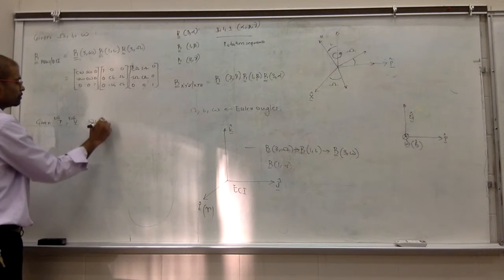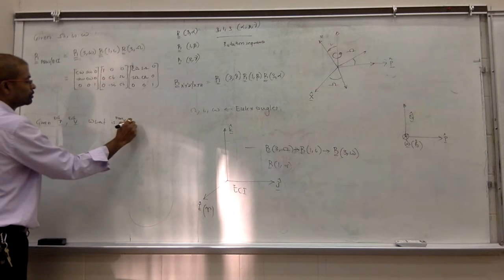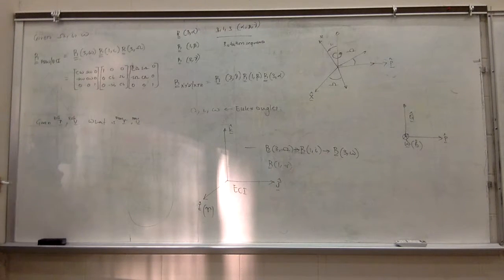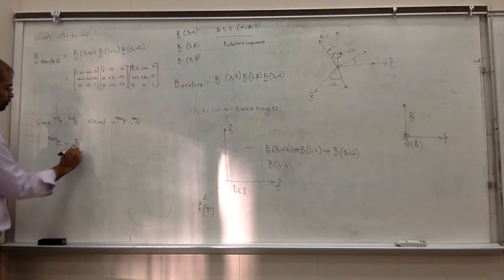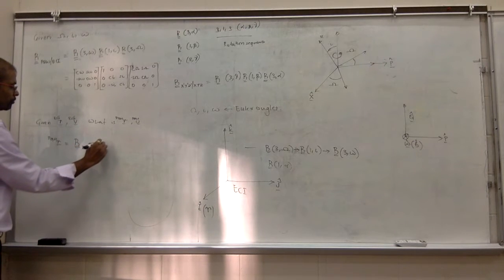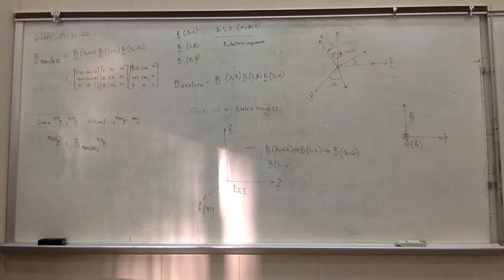What is R in PQW and V in PQW? It's the same vector. R PQW, this is a relationship, is equal to... you understand? This is going to be a little bit challenging, so pay attention and ask me questions if you have any doubt.